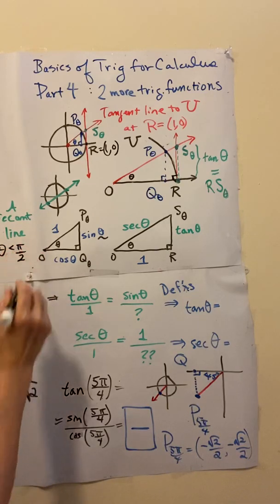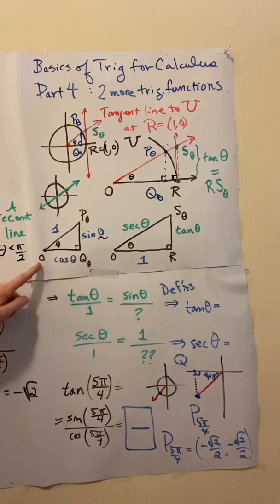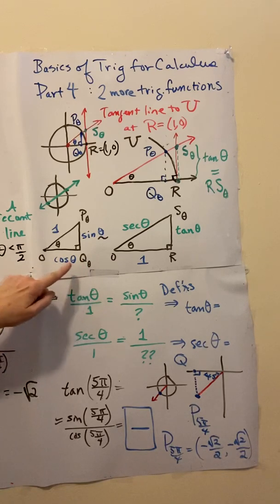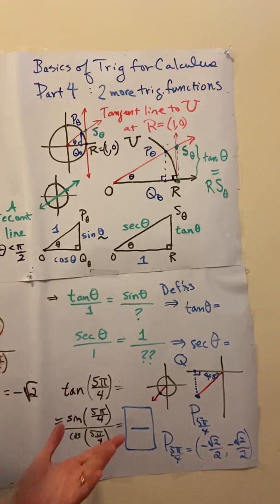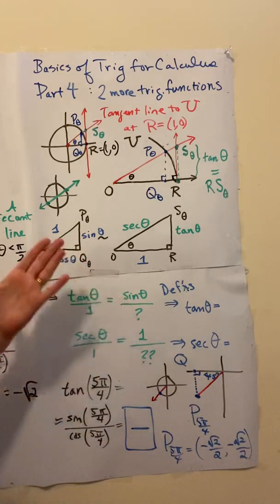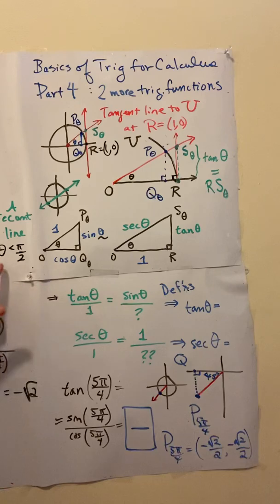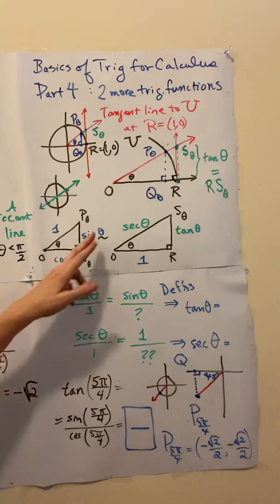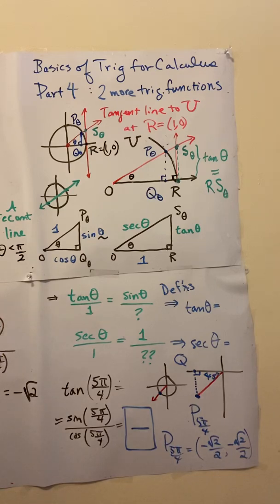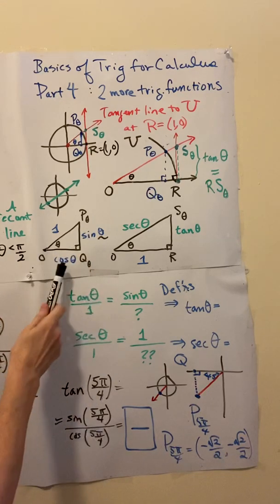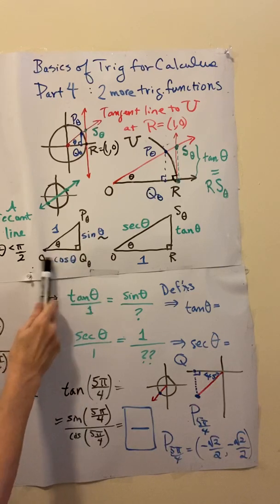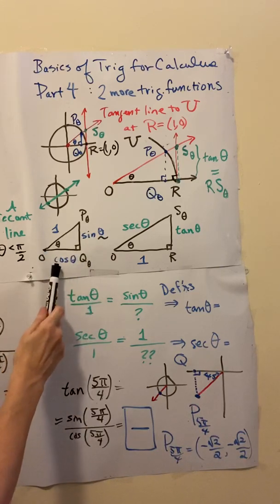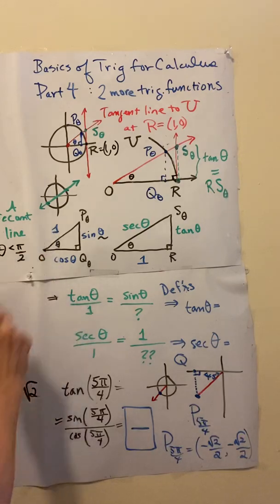That's the only reason I can assume the length of OQ is equal to the cosine. The cosine is not always positive, and the sine is not always positive. But in quadrant 1, for angles between the quadrantal ones, the cosine and sine are positive. So I can label these sides of OPQ with cosine and sine, and of course the hypotenuse OP is 1.